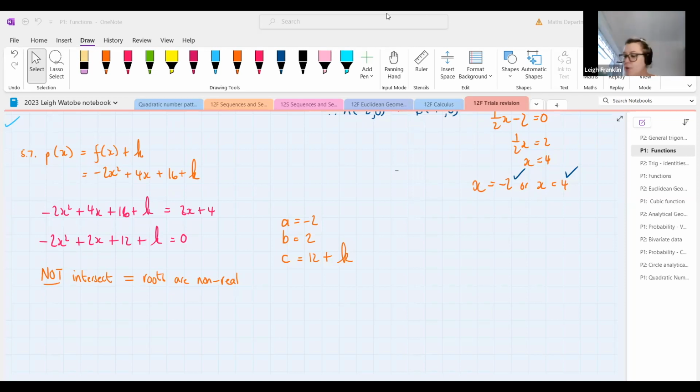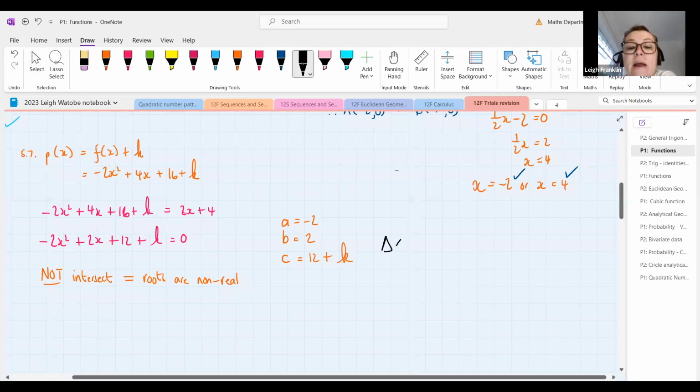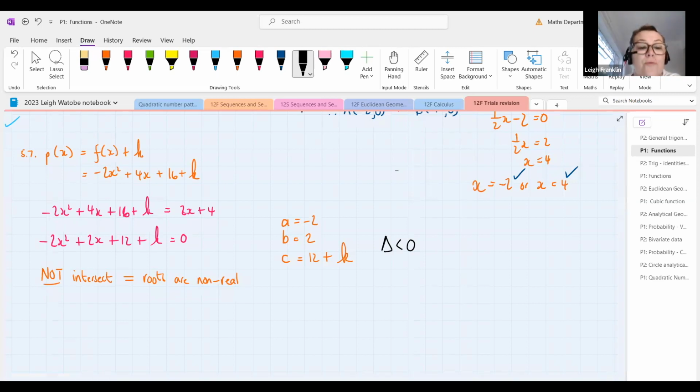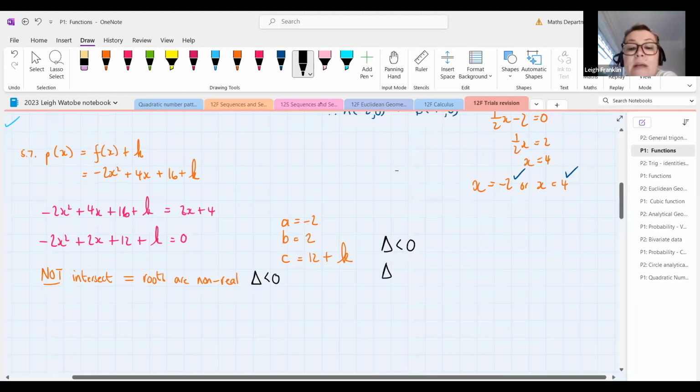There we go, absolutely. And Ntlanhla's put a clue there for us. He says delta has to be smaller than 0. This is true for roots that are non-real. Okay, delta is smaller than 0, and remember, delta is b squared minus 4ac.